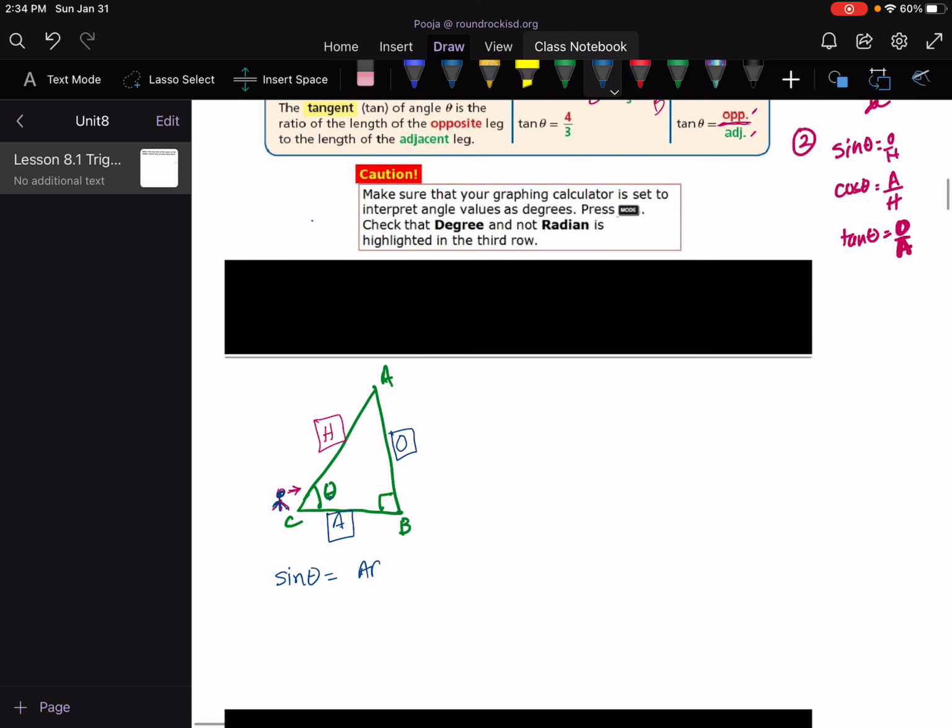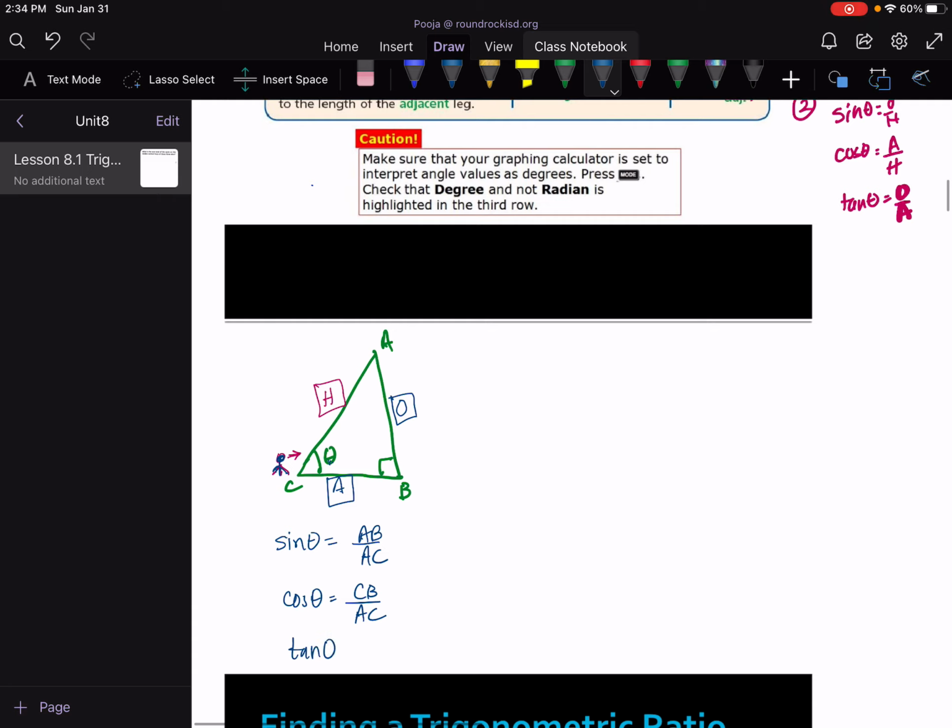Opposite over hypotenuse. Cosine is adjacent, so CB over the same hypotenuse. Tangent would be of theta. Don't forget, it's the tangent of theta, whatever that theta is, the 60-degree angle, 87-degree angle, 15-degree angle, depends on the situation. Tangent is opposite over adjacent, so AB over BC.